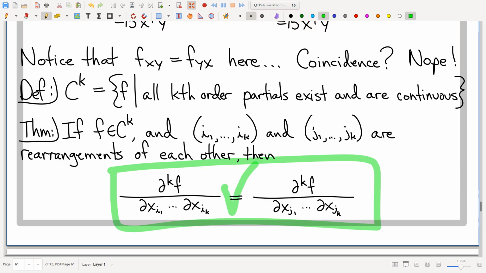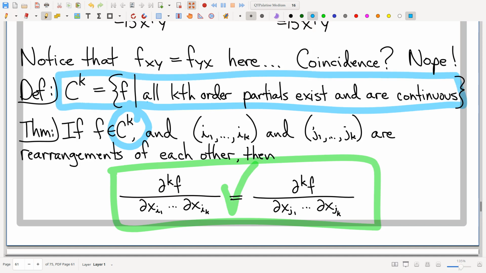That will work if a certain condition is satisfied, and the condition is the function has to be what we call C^k. So the partial derivatives have to exist and be continuous, and not just the first partials.